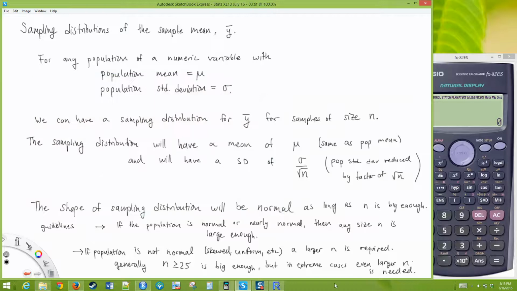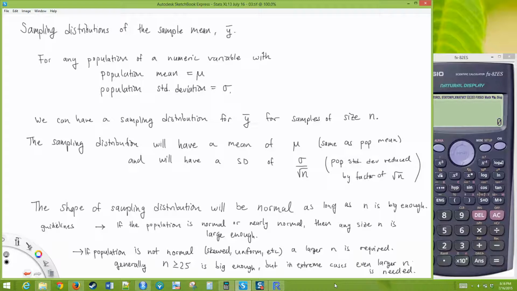So most of the time, if you get a sample of 25 or more, it's usually safe to assume that y bar, the sampling distribution of y bar, will follow the normal distribution. But in some extreme cases where there's extreme skew, then samples of size 25 won't be big enough.